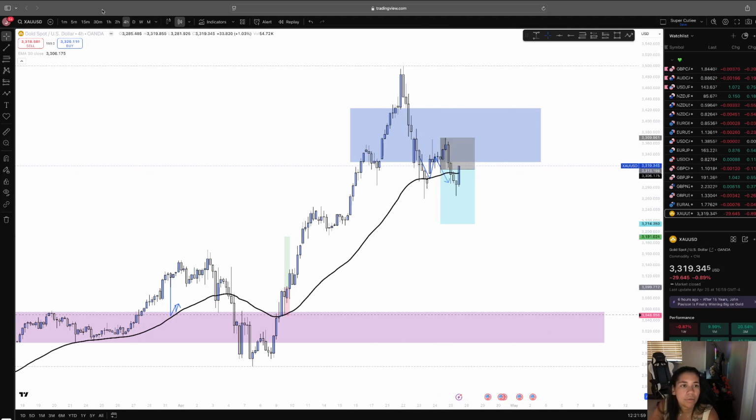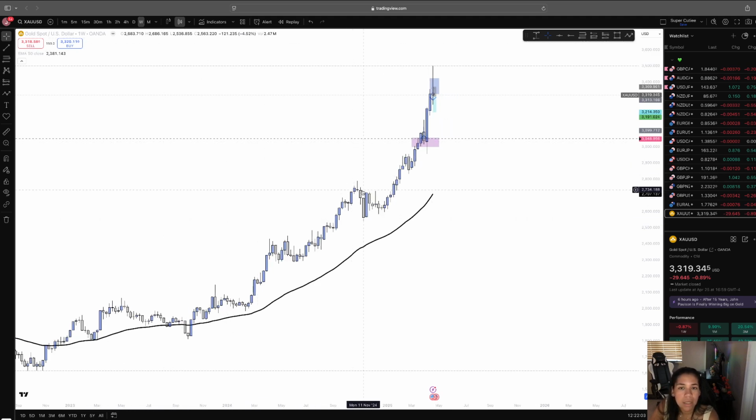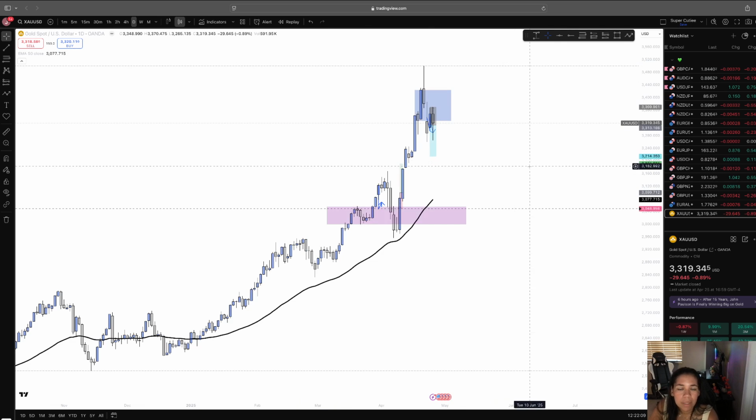Okay, so weekly time frame, we're definitely bullish, but we're getting this big rejection candle. That doesn't do anything for me. And this honestly looks like garbage. I have to get rid of my drawings. Let's hide drawings.